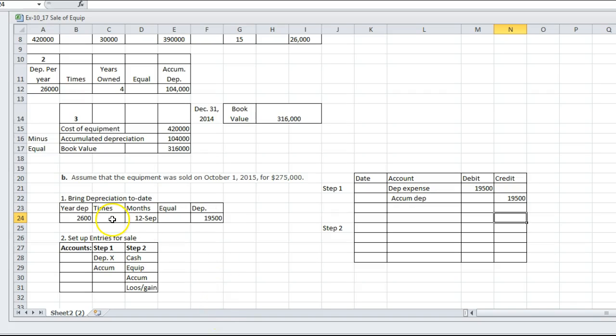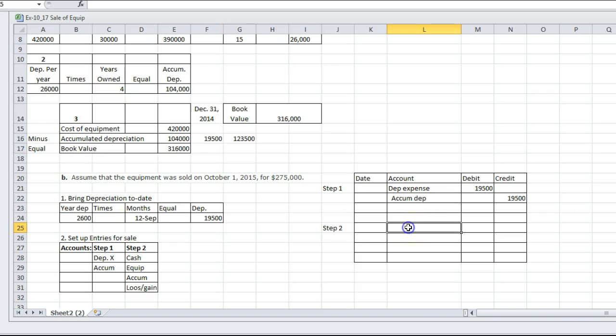So now I have to come up with a new accumulated depreciation balance. And that is going to be that $104,000 plus the $19,500, and that adds up to $123,500.